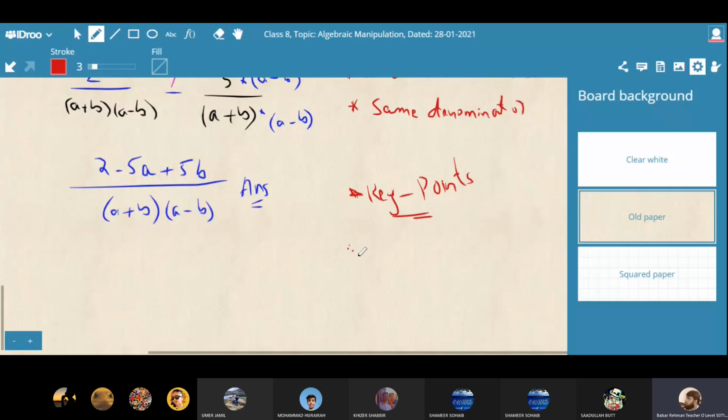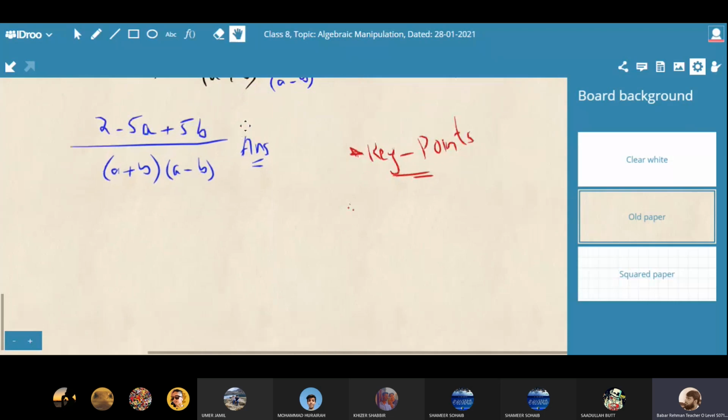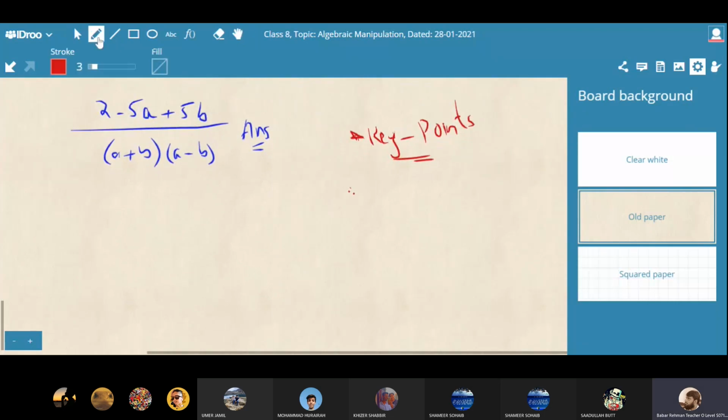Take this hint, and be careful. If I have x minus y, and somewhere I have y minus x, these are not the same. I want to make them the same denominator, so what will I do?